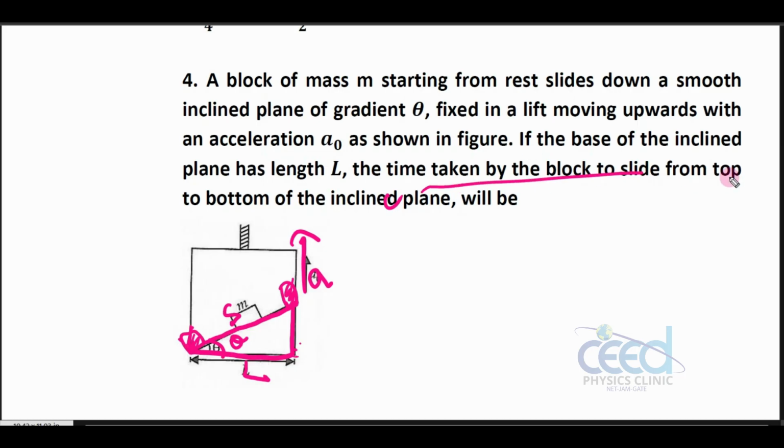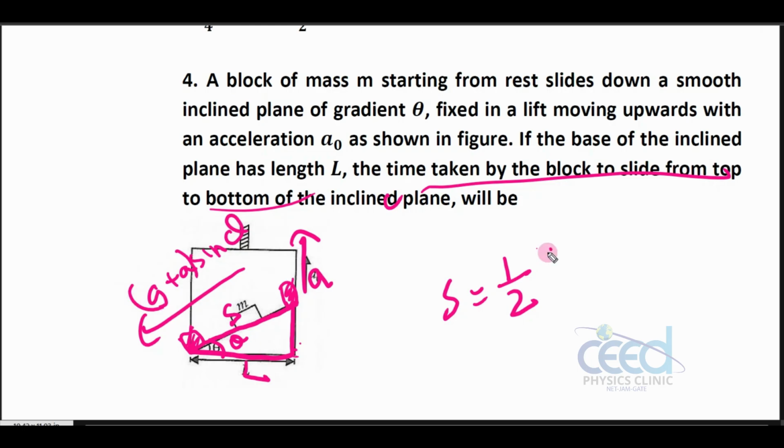They are asking for the time taken from top to bottom. So distance s is equal to half a t square. The acceleration here is g plus a sin theta, so s is half into g plus a sin theta into t square. Now what is s?